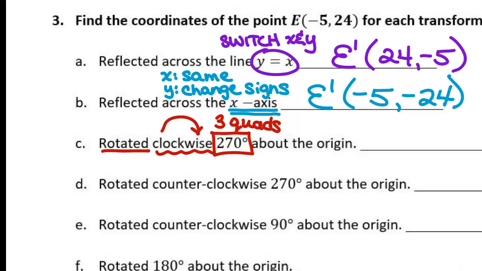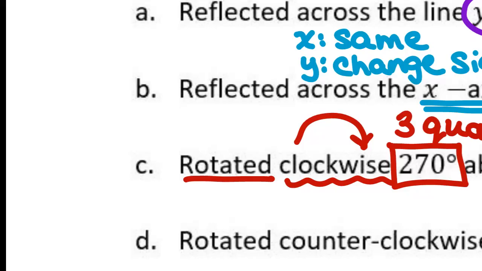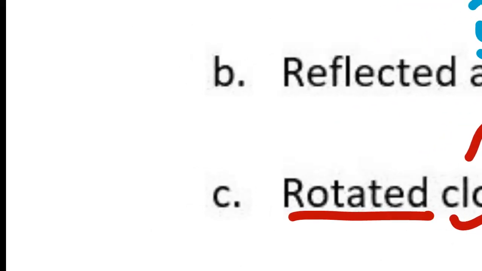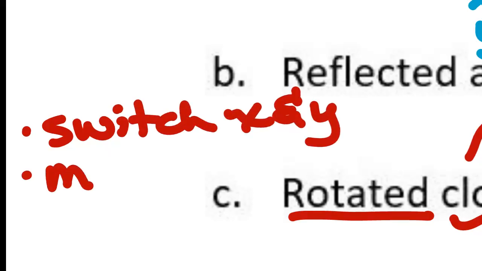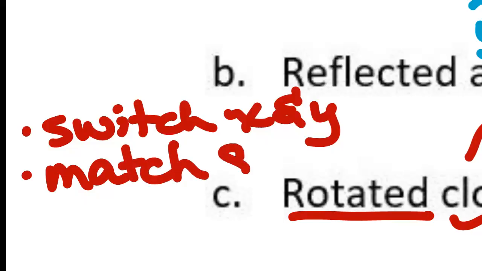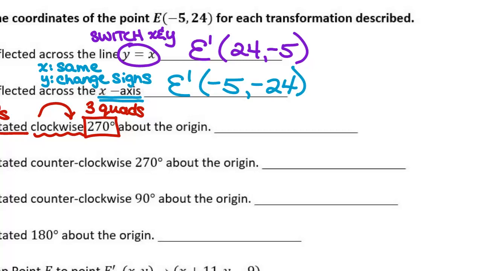If you spend just a little bit watching that red second hand tick around, that is going in a clockwise direction. So clockwise is this way. The rule for rotating 270 degrees or 90 degrees is to switch x and y, and then to match the signs to the quadrant you end up in.